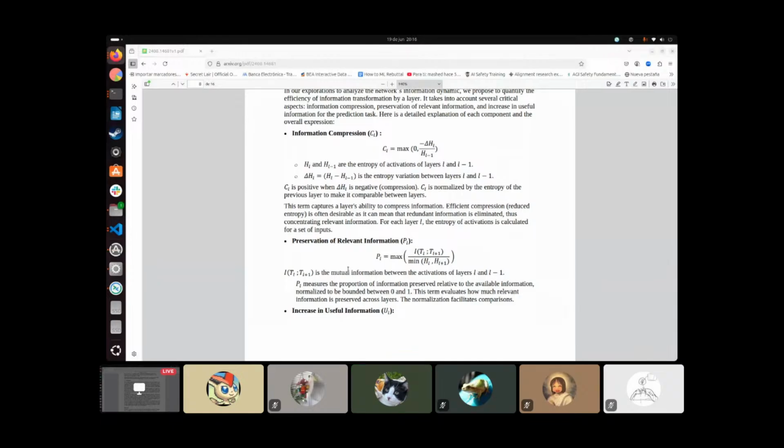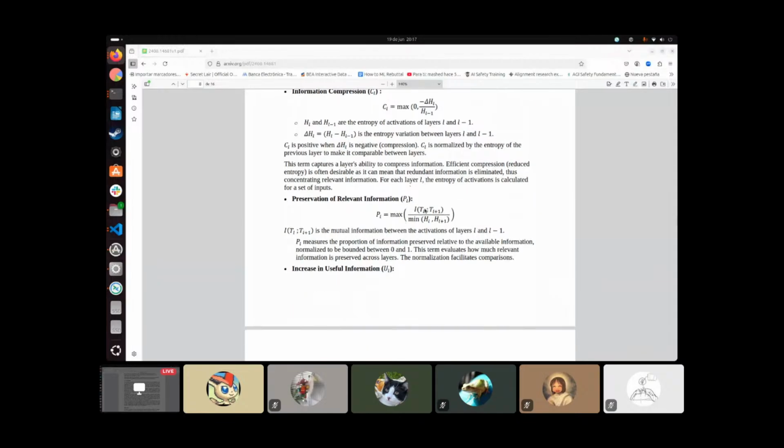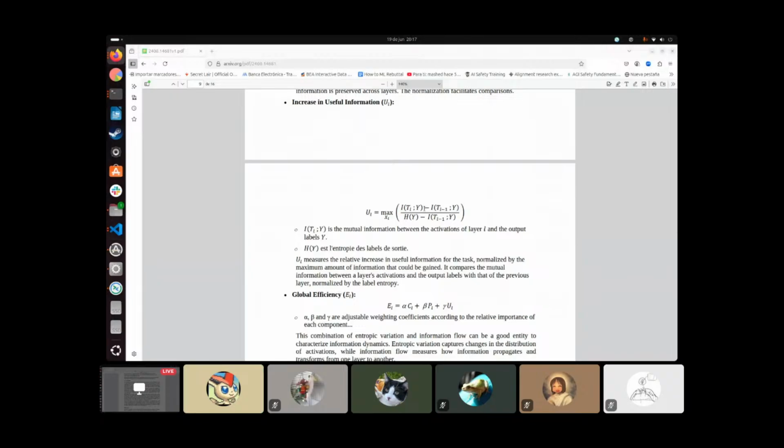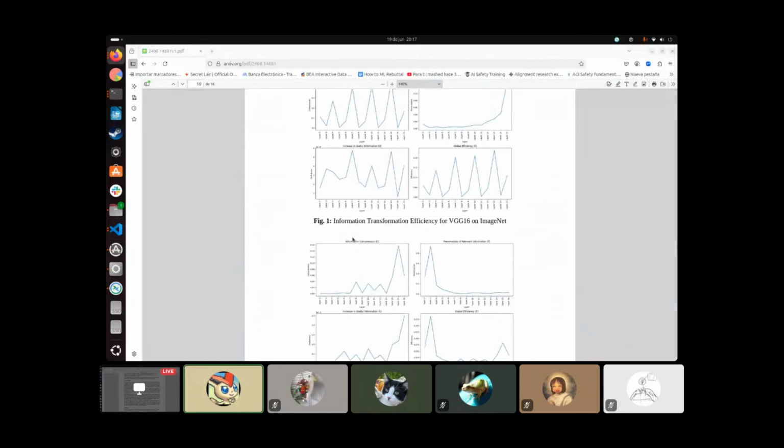So maybe that might explain why things are different between the two plots. Increasing useful information.